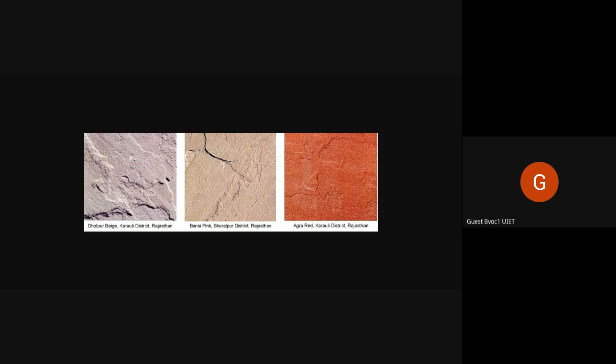Then we have metamorphic rocks. Metamorphic rocks are rocks that used to be something else, then turned into something else. And I've already told you the definition, so I'm not going to go through that again.